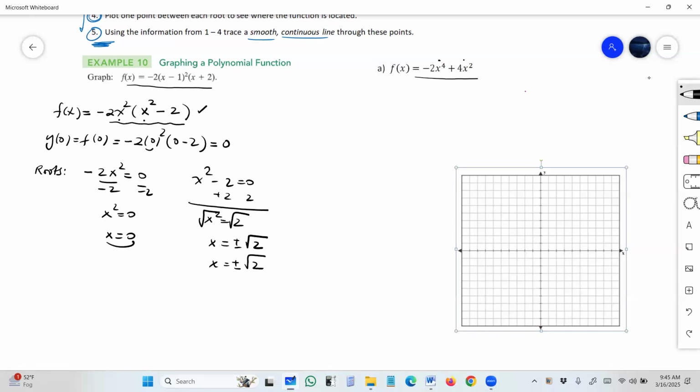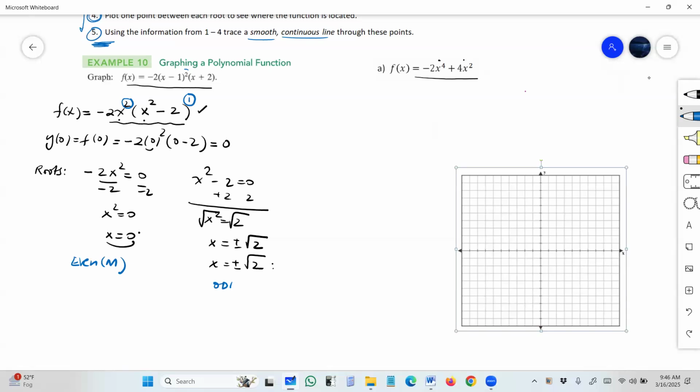Okay, so this polynomial, as you can see, has 1, 2, 3 roots. Now, at 0, no, not here. Here, right? Here is the exponent where the 0 root came from. So this is an even multiplicity. And here is the factor where the plus or minus square root of 2 came from.